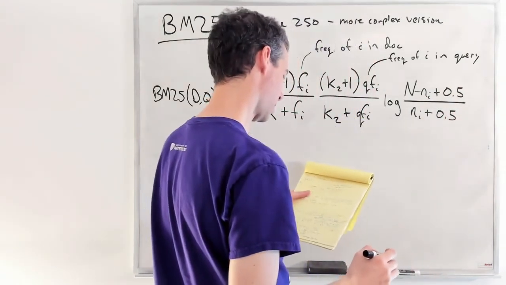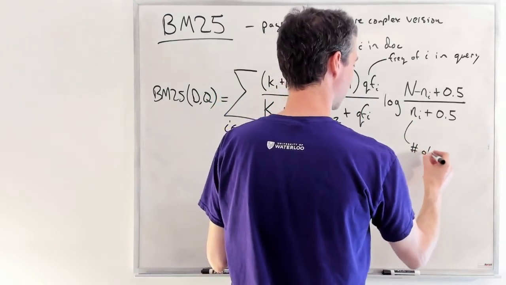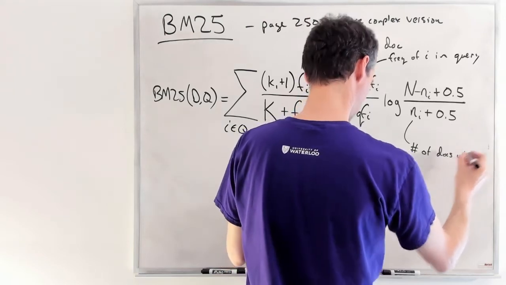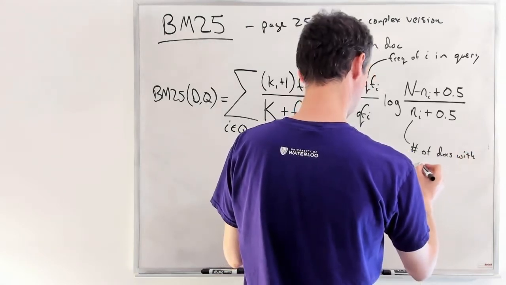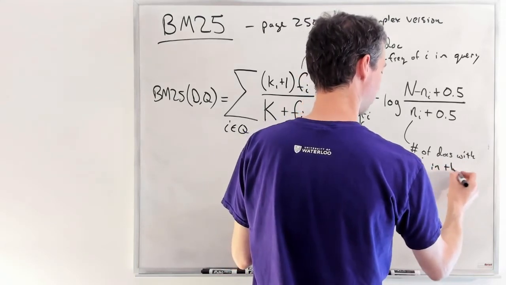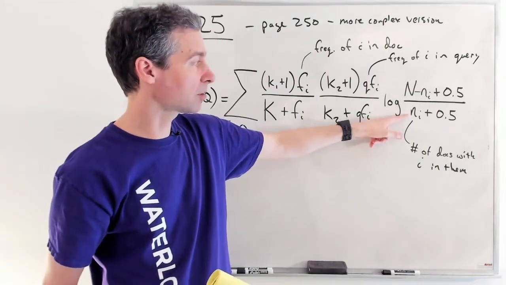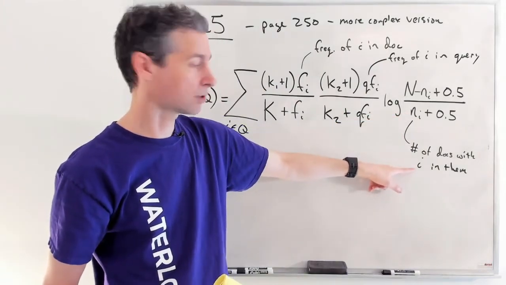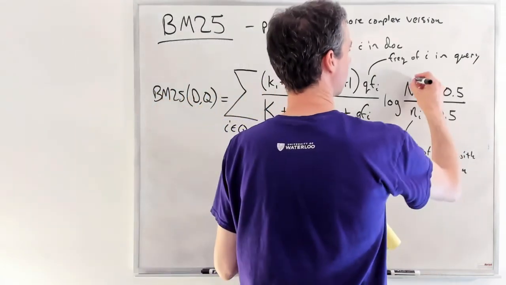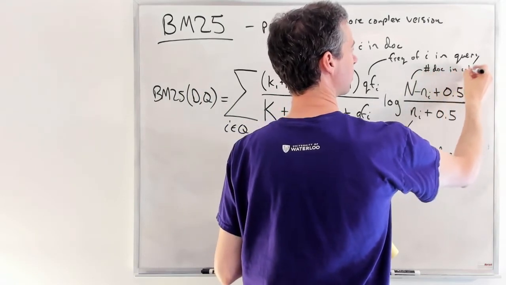And n sub i is the number of documents with term i in them. So that's our document frequency. How many documents do we find that contain term i? That is n sub i, and the capital N is the number of documents in our collection.